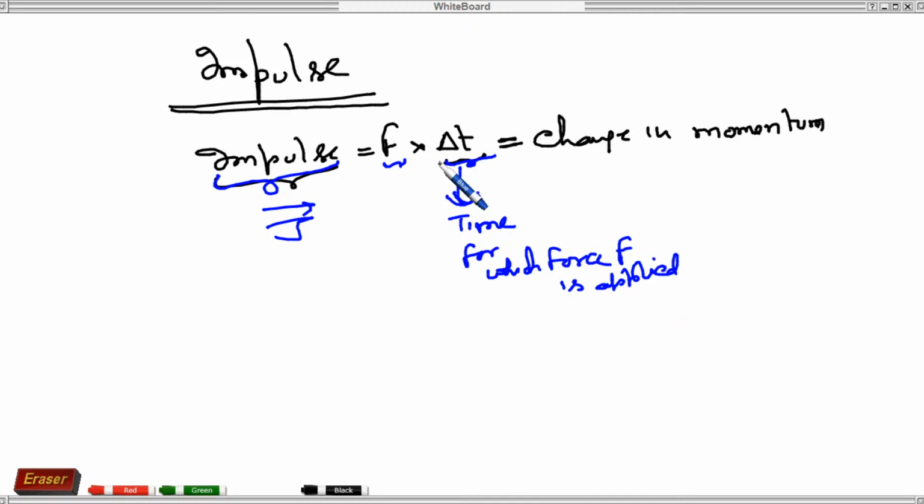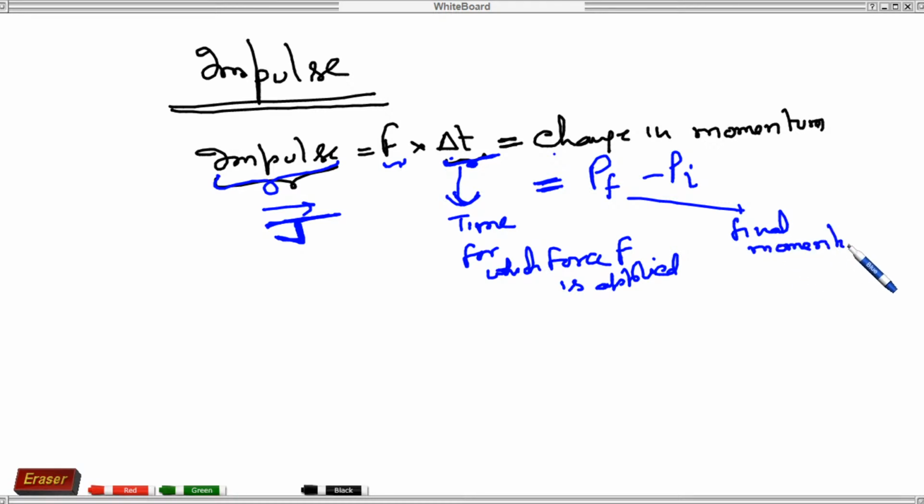What was the change in momentum? Due to this force applied for time delta t, it is the final momentum minus the initial momentum.